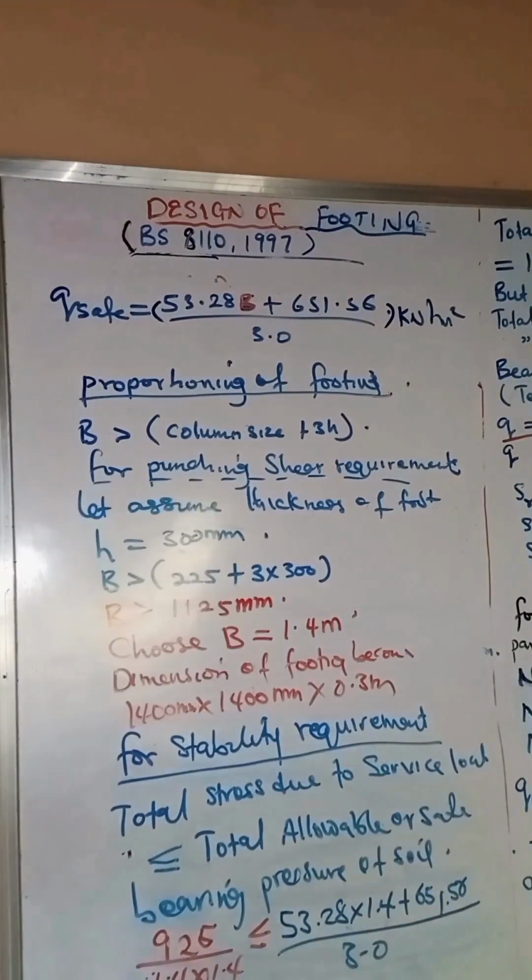We're going to check to see if the stress from this load is actually lesser than the value on the right hand side of our inequality. If it's not lesser, we need to increase the size of this footing to ensure that it meets this requirement.